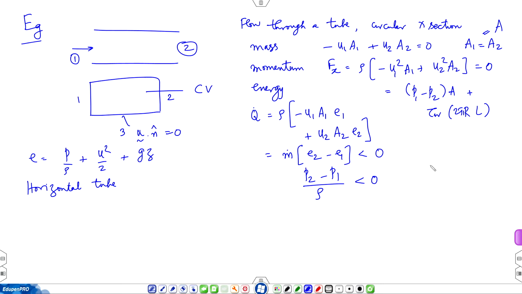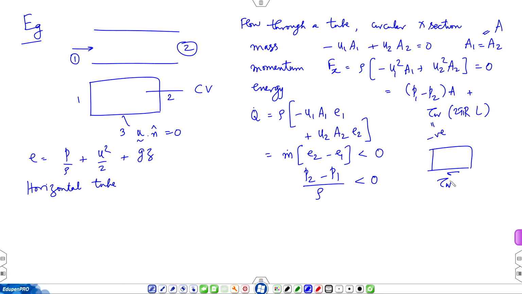If you substitute in the momentum equation, it will tell you P 1 minus P 2 is positive, therefore, tau wall is negative. That means on the control volume you will show the shear stress acting at the wall at the boundary of the control volume in the negative direction.